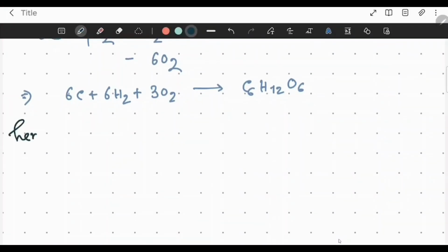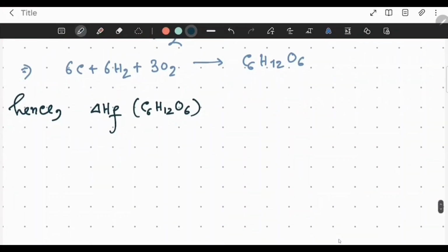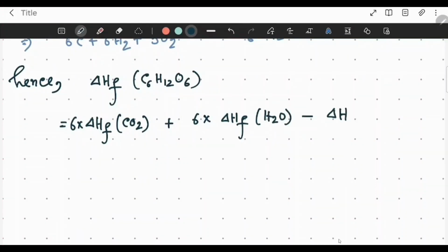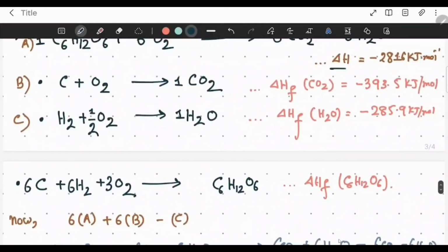Hence del H formation for C6H12O6 will be 6 into del H formation of CO2 plus 6 into del H formation of H2O minus del H of C. This is the del H we have already written.